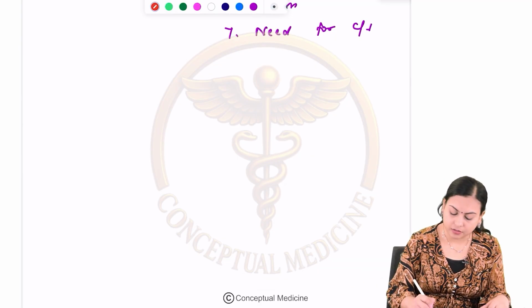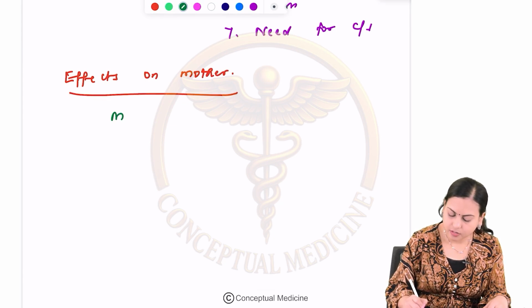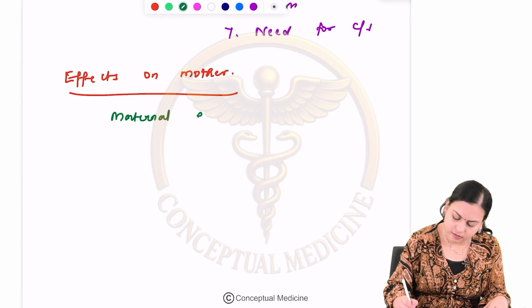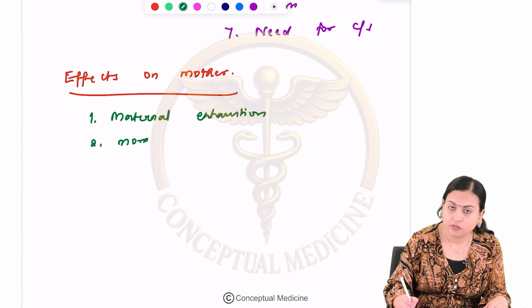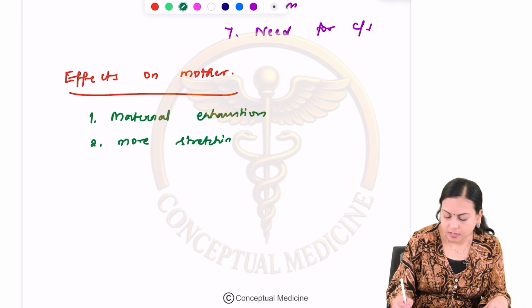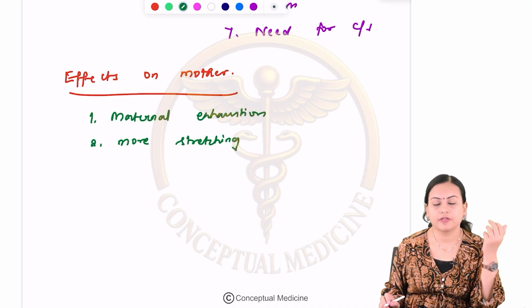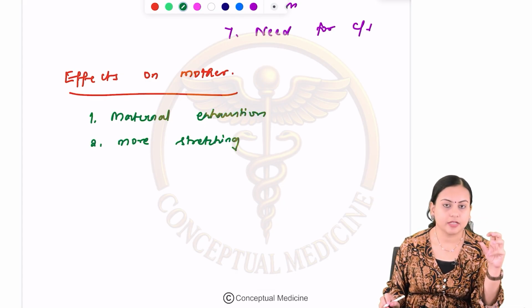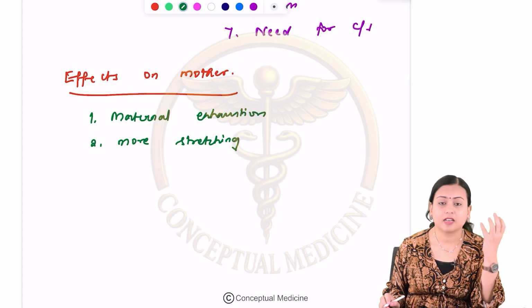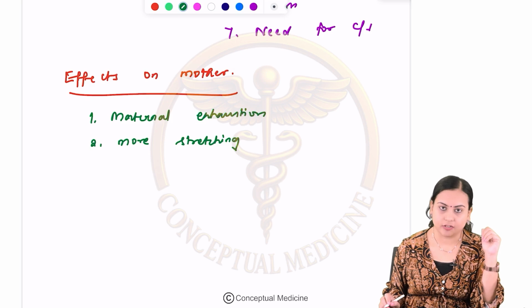We'll see the effects on the mother now. Effects on mother include maternal exhaustion. There is more stretching of the perineum, because the only engaging diameter that is less than the maternal pelvic diameter, that can pass through the pelvis easily, is the vertex presentation, right?